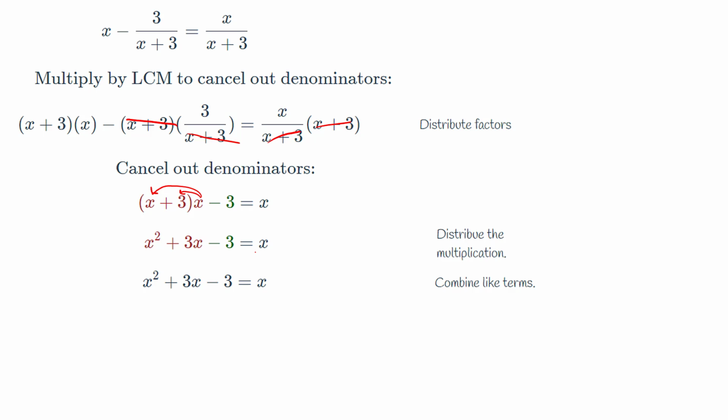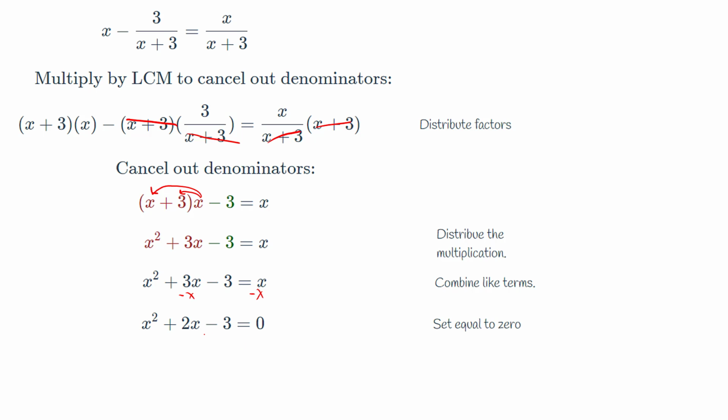To do that, let's subtract x from both sides, in which case we'll be left with x squared plus 2x minus 3 equals 0.